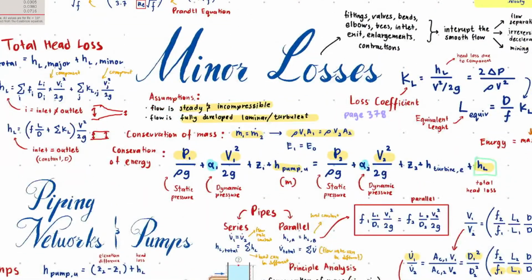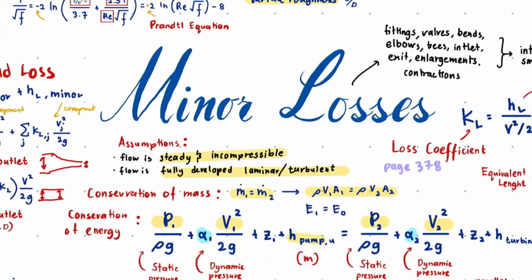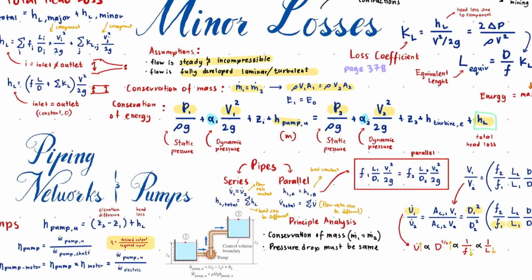So minor losses. Minor losses also play an important role in pipe networks and turbomachinery, because it requires you to calculate the head loss in components. Okay, we will talk about that.